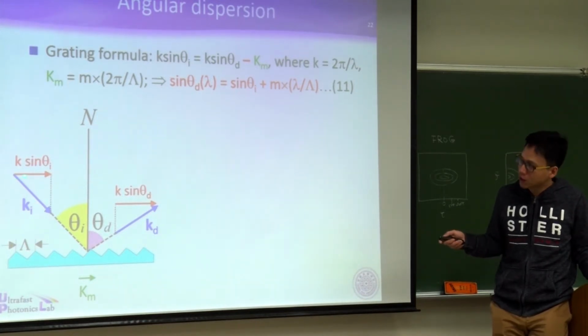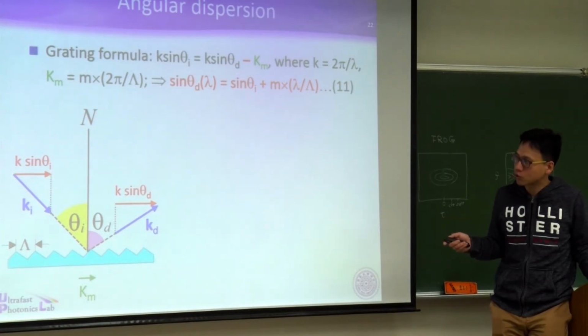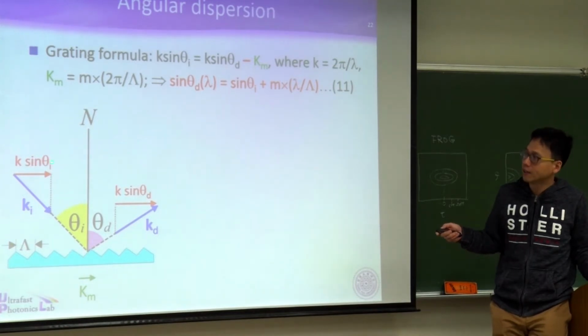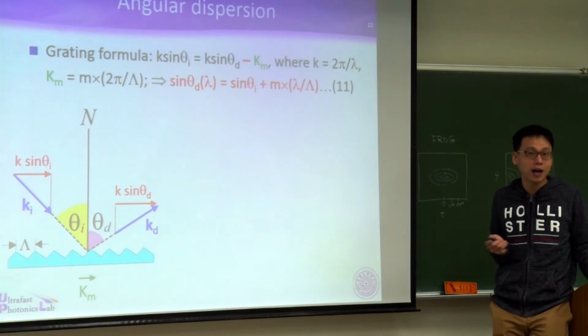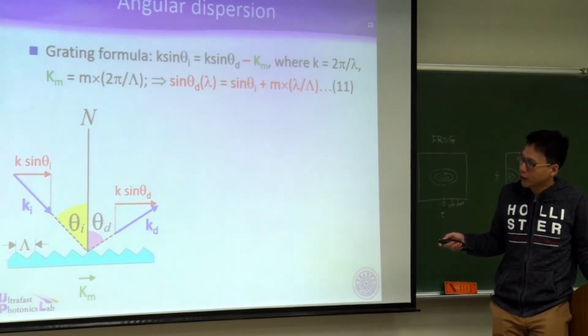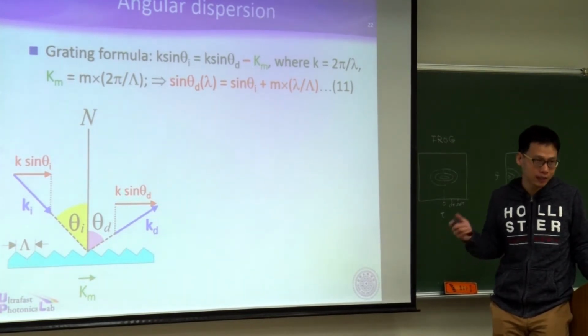For example, if this is the ki vector, the red one is the horizontal projection of the ki vector, and the length is just k times sine theta i. For the output ray, the horizontal projection is k times sine theta d.